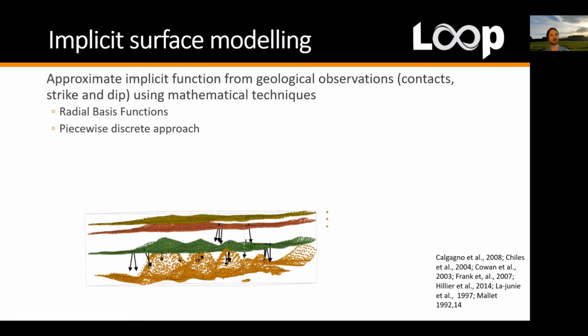So what we want to do is approximate some function that captures the geometry of these observations. And there are two ways that we can do this. We can either use a combination of radial basis functions on the observations, or we could use some sort of discrete interpolation approach where we divide our domain into small piecewise functions. Once we've got our implicit function, we can extract the distance to this reference horizon anywhere in our model.